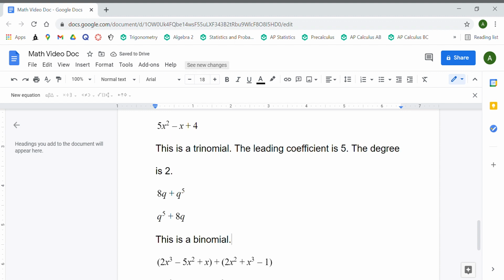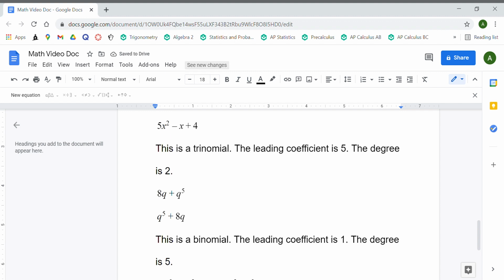And then, since we have this in standard form, we can easily find the leading coefficient and degree. Notice that there is no coefficient right next to the first term. However, when that happens, it doesn't mean that the leading coefficient is 0. It means that the leading coefficient is 1. And then the highest exponent is 5, so the degree is 5.